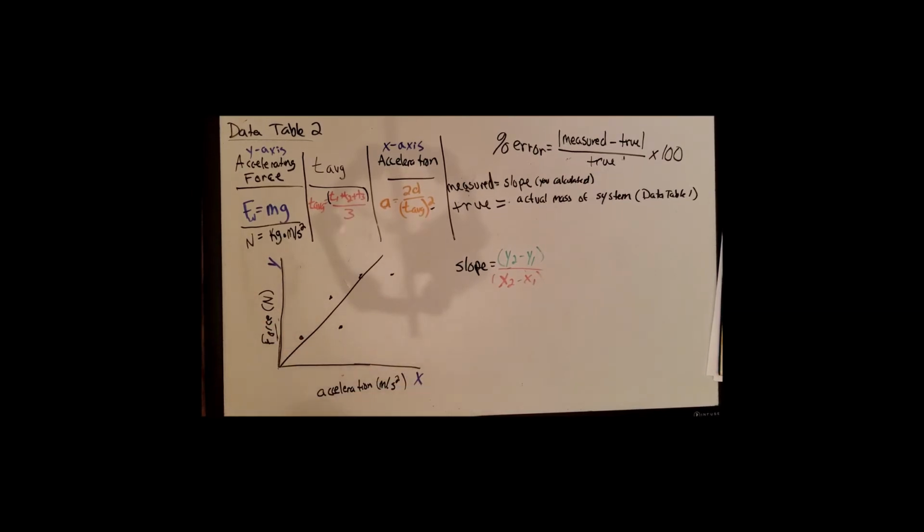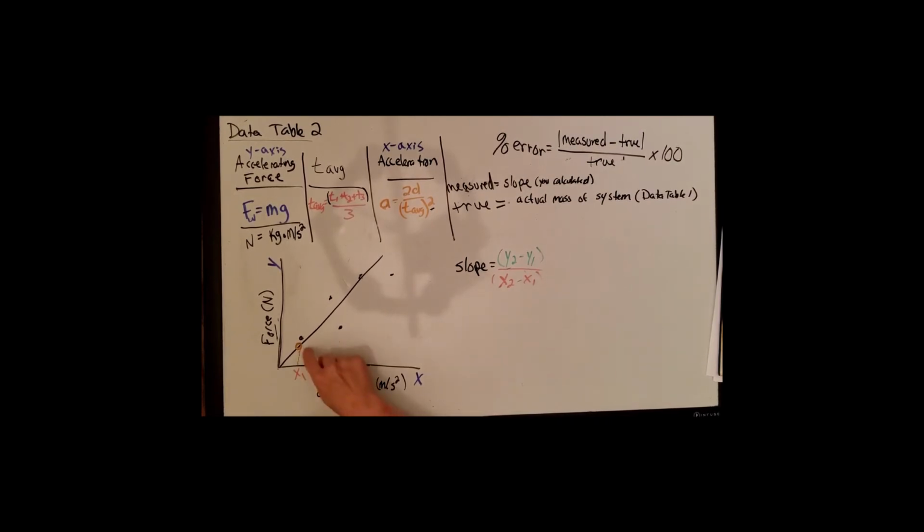Say I pick this point here. This will be my first point, my x1, my y1. To figure out what x1 and y1 are, I'm going to follow this point all the way down until I hit the x-axis. Whatever value is reading on that point on the x-axis, that is my x1 that I plug into this equation right here.